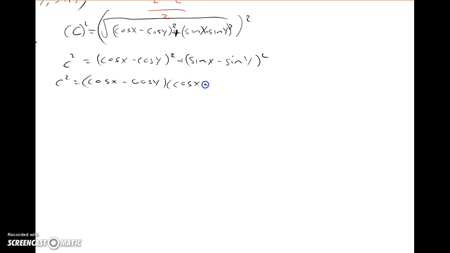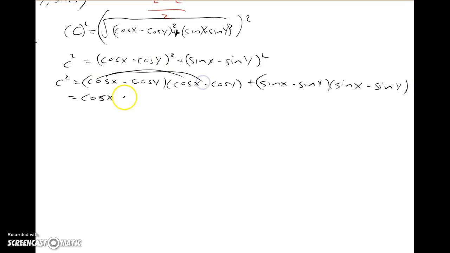So that's actually what it's saying, plus sin x minus sin y times sin x minus sin y. Okay, and so if I multiply that out, I have cos squared x minus cos x cos y minus cos y cos x, and a negative times a negative is a positive cos squared y.